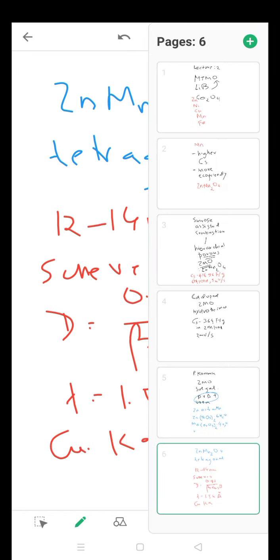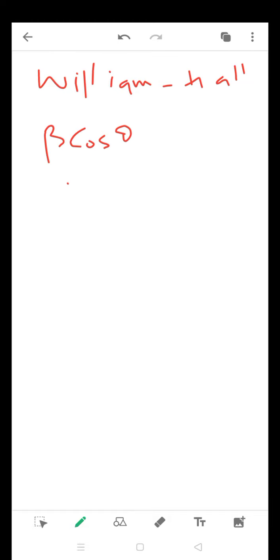Okay, now another method is the Williamson-Hall method, which takes into consideration the lattice strain, and whose equation is beta cos theta equals 2 epsilon sine theta plus k lambda by d.